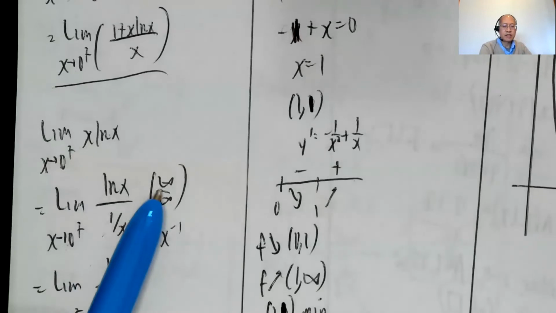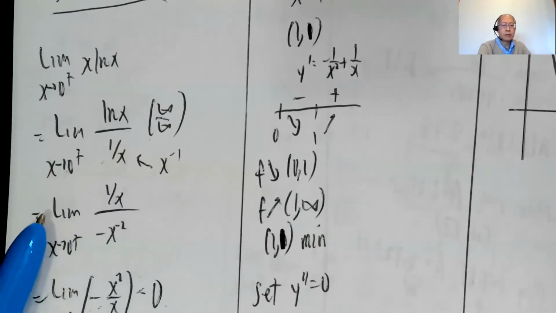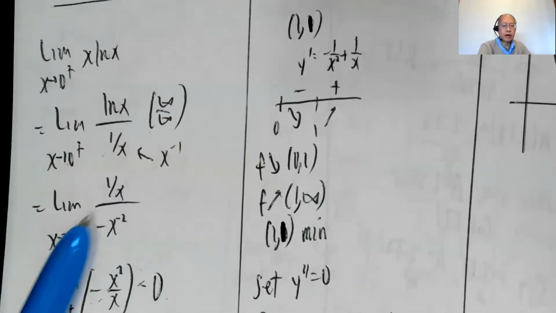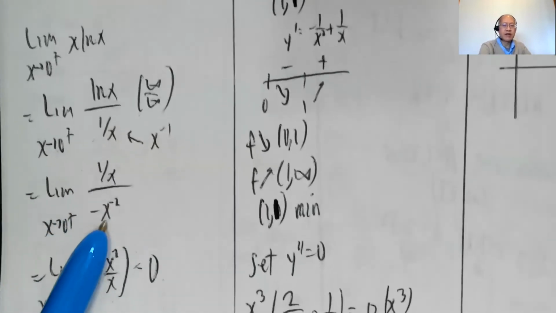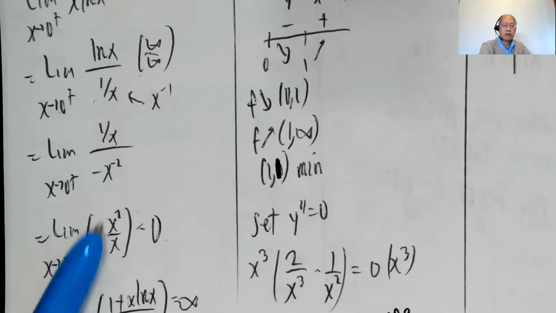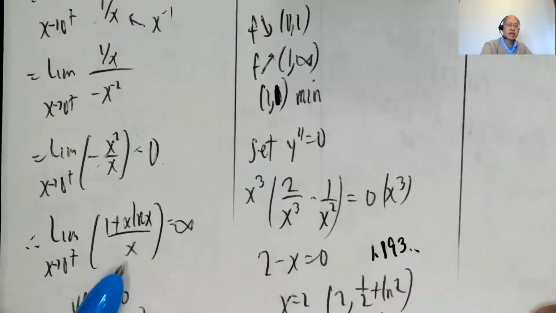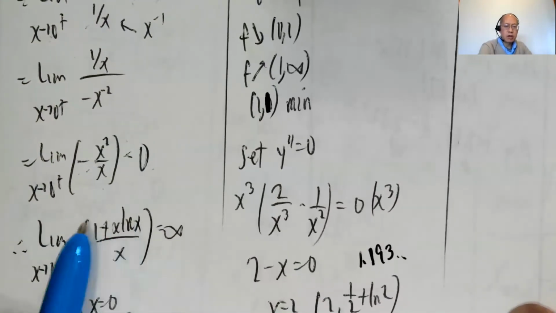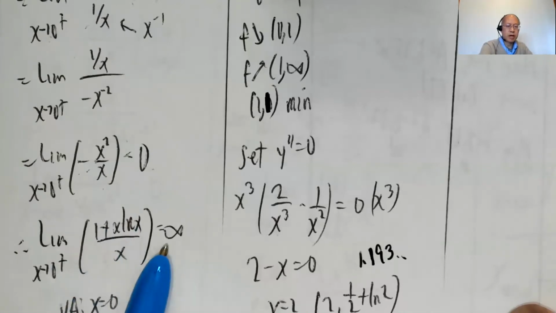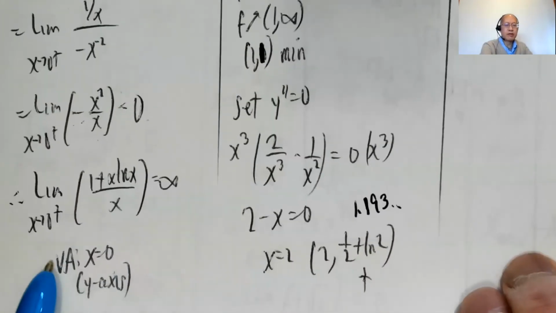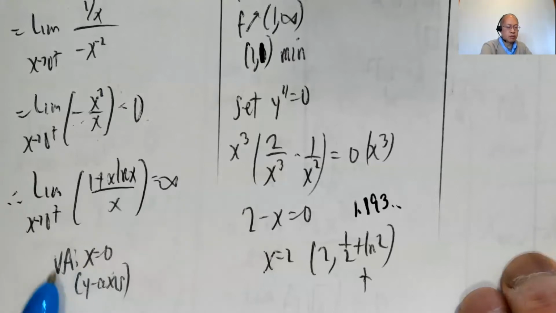That's x to the -1. This is infinity over infinity, so L'Hopital's rule applies. The limit as x approaches 0 from the right of 1 over x divided by -x to the -2. Rewrite it, and that limit is indeed 0. So essentially this approaches 0. 1 plus 0 over a very small number, so that approaches infinity. So I have a vertical asymptote at x equals 0, the y-axis.